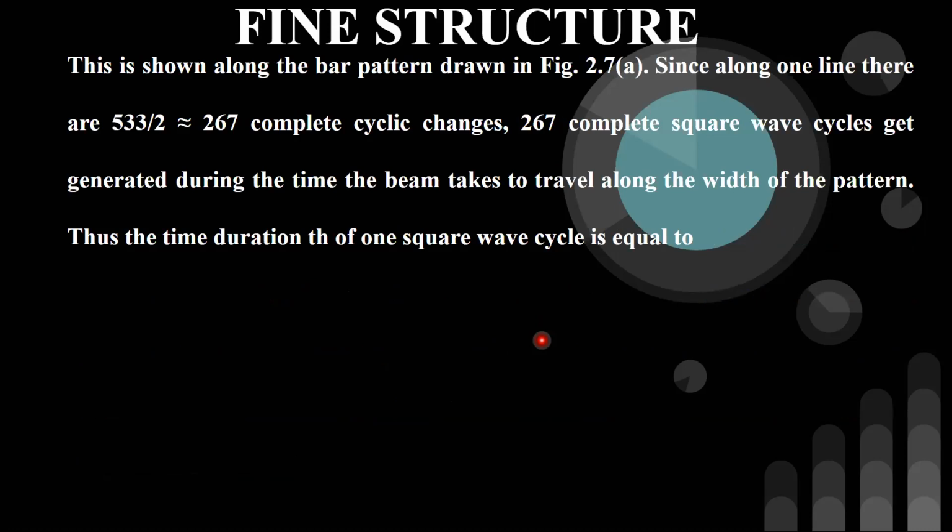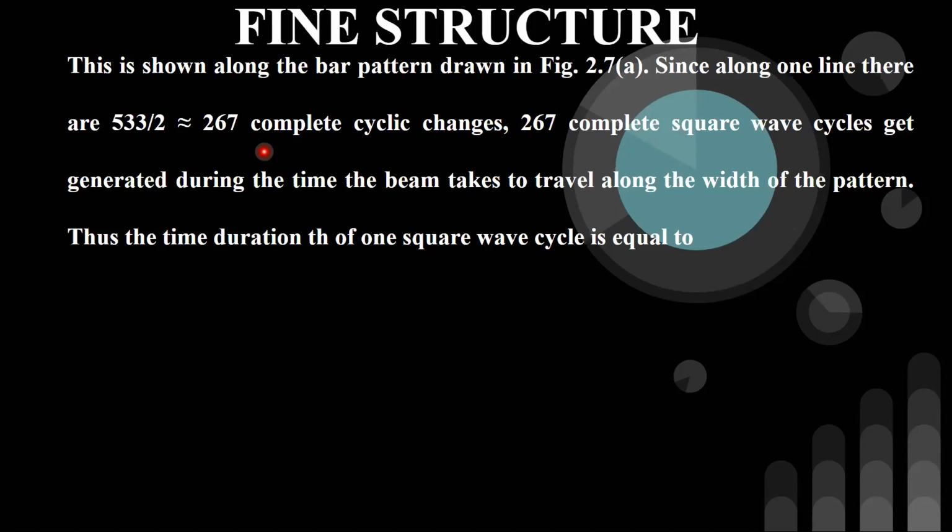So therefore, what is the answer here? 533 divided by 2. Yes, very good. 533 divided by 2 equals 267 complete square wave cycles. These 267 complete square wave cycles occur during the time the beam takes to travel along the width of the pattern.